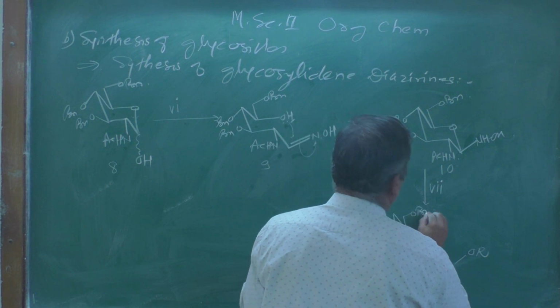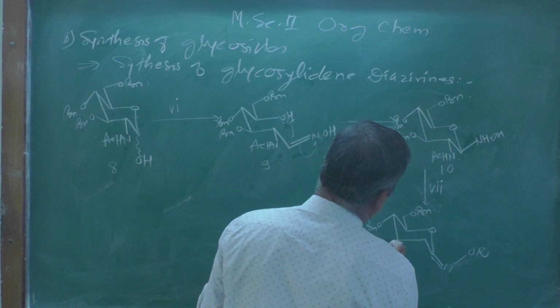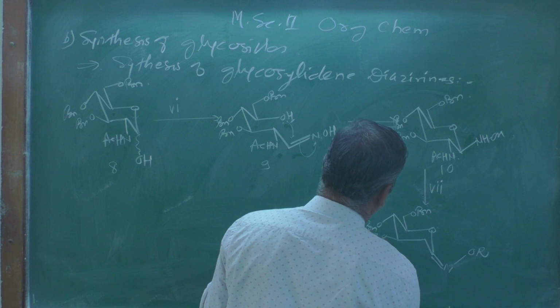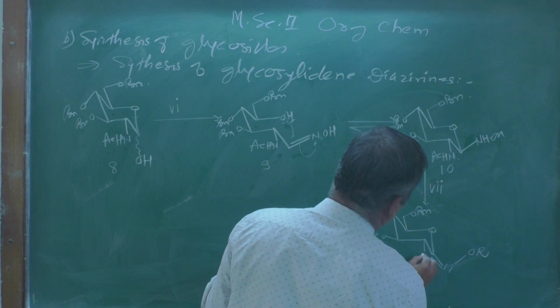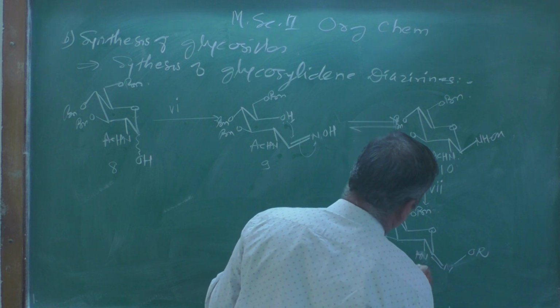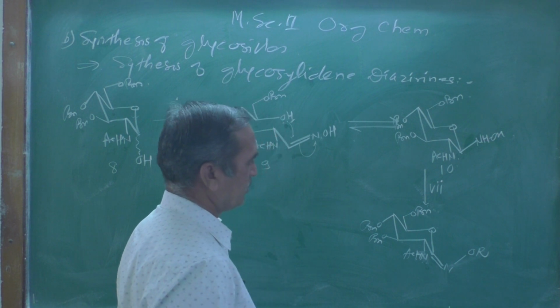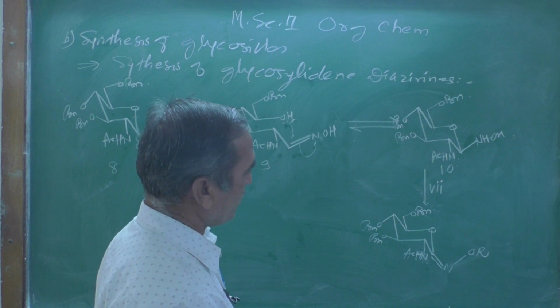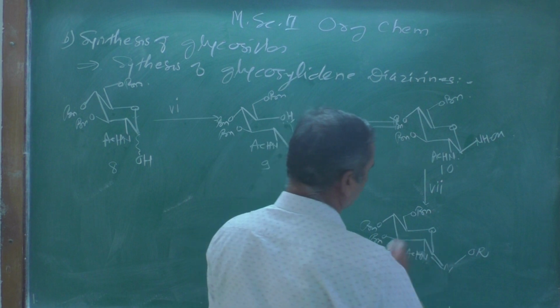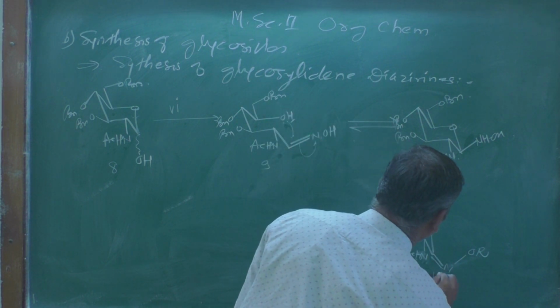So write it down as it is. All these groups are lying at equatorial position, so you can write down as it is OB, and here is NHAc. That also you have to carefully note down or remember. Now this is structure number 11 over here.